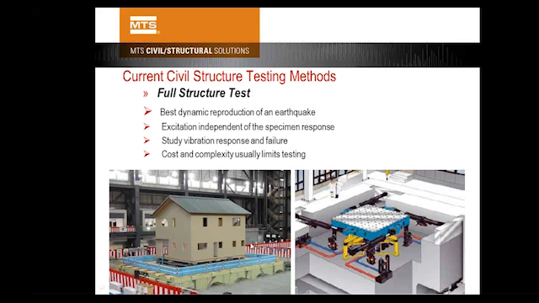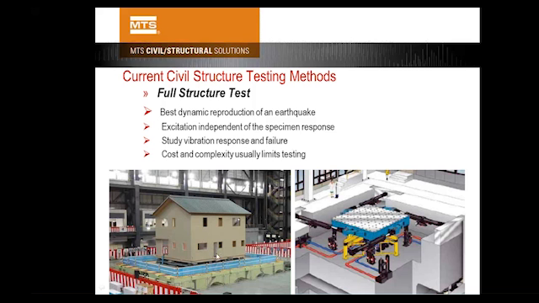However, like Shirley mentioned, even for the biggest shaker table in the world, it's difficult to do full-scale testing. If you have a long span bridge or a really tall building, there's no way you can test it at full scale, and you have to shrink down the specimen.